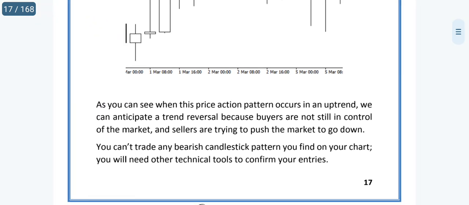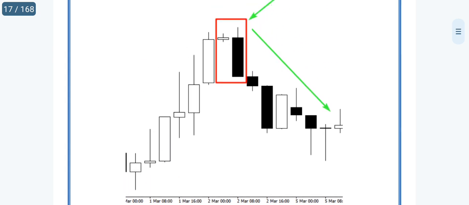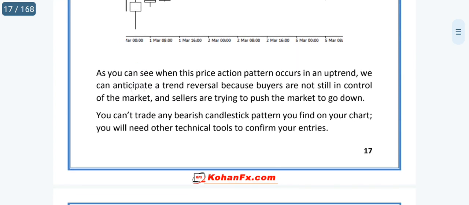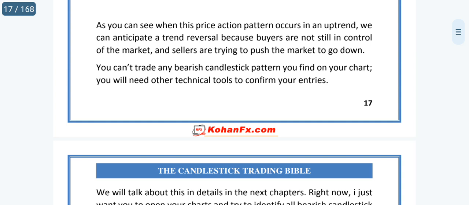As you can see, when this price action pattern occurs in an uptrend, that is the uptrend, we can anticipate a trend reversal because buyers are not still in control of the market, or not willing to control the market. And the sellers are trying to push the market back down.